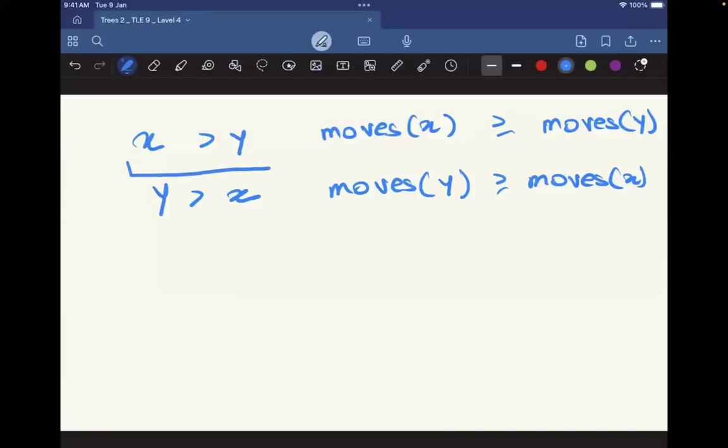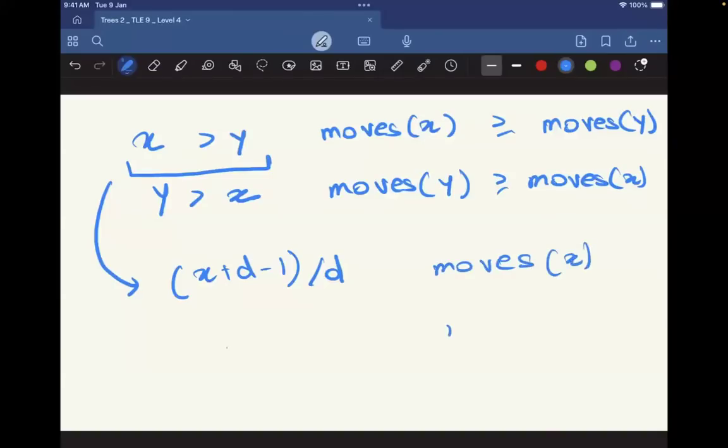If X is greater than Y, let's say we find the moves to reach X. What is that, guys? It is (X plus D minus 1) divided by D. Now, what is the number of moves we would do for Y?